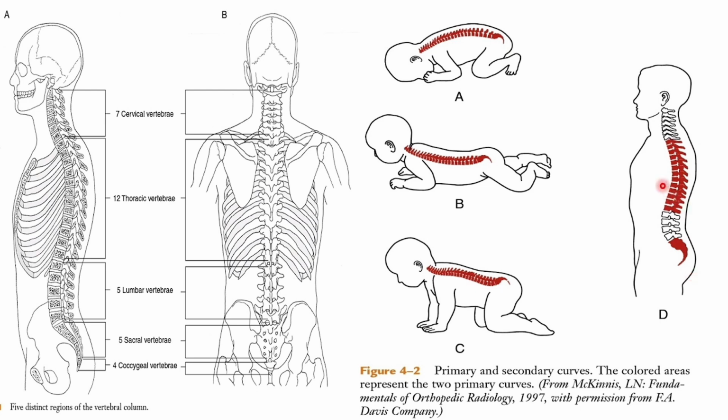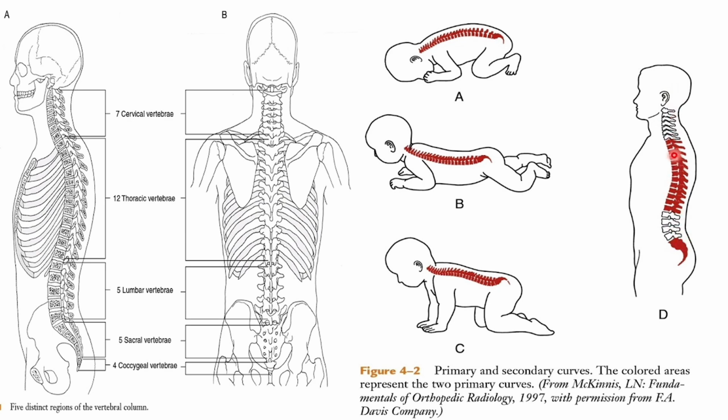The other 2 curves, the cervical and lumbar, show a reversal of the original posterior convexity, that is, they are concave in structure, and are known as secondary curves. So the primary curves include the thoracic and sacral regions, and the secondary curves include the cervical and lumbar regions.